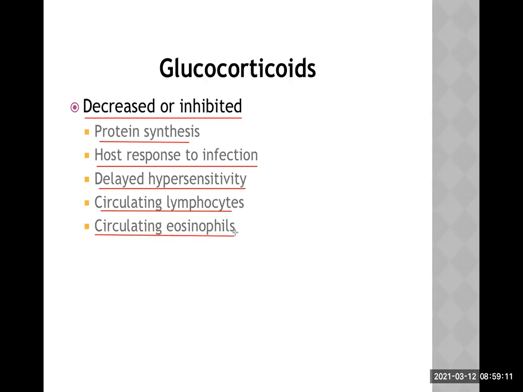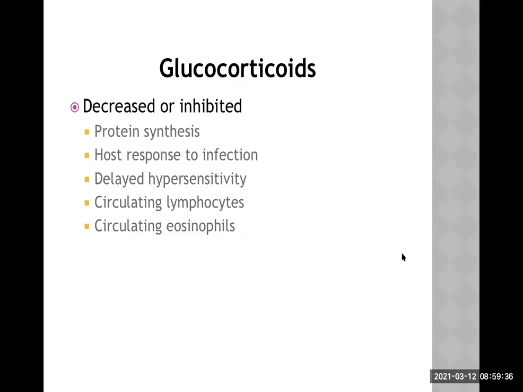And this is an important point to remember, because in case of any allergic reaction, if antihistamine-like drugs are not working properly, the second choice for us is glucocorticoid. Glucocorticoids decrease the circulating eosinophils and they can act as an anti-allergic substance.